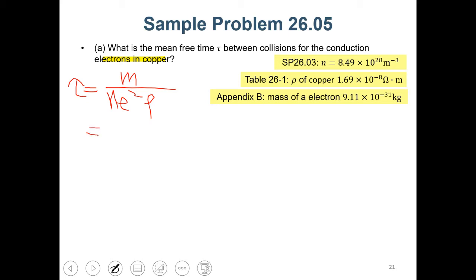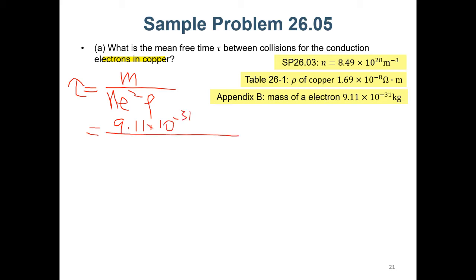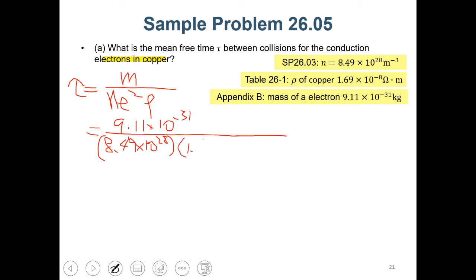So m is 9.11 times 10 to the minus 31, n equals 8.49 times 10 to the 28, e is 1.6 times 10 to the minus 19 squared, and rho is 1.69 times 10 to the minus 8.